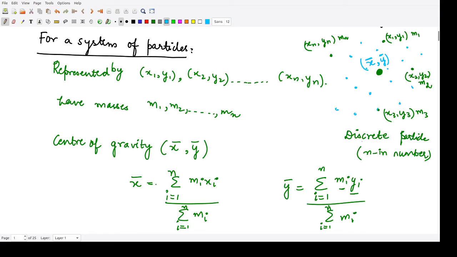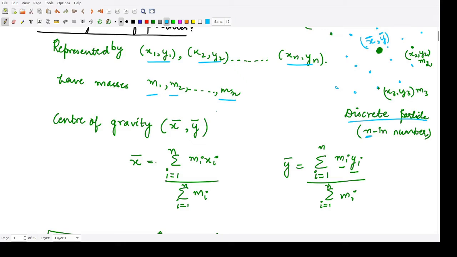So this is the discrete nature of particles. That means we have n particles which are present at different locations in space. This x1, y1, x2, y2, xn, yn represent the positions of these n particles, and m1, m2 up to mn represent the masses of these n particles.